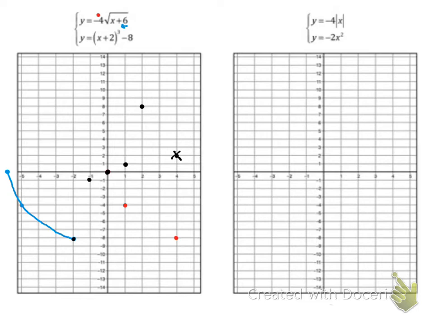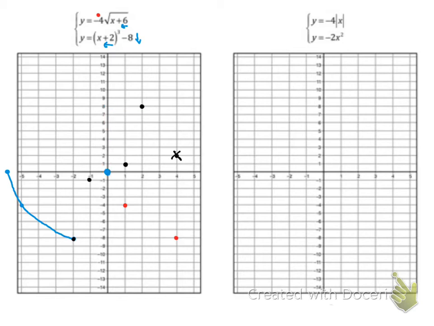So now let's do our multiplier. And we're looking at here, we don't have a multiplier there. There's not a number out in front, so we can just do a shift. Let's see, inside, it looks like we're moving to the left 2, and then we're moving down 8. So all these points, left 2, down 8, 1, 2, 3, 4, 5, 6, 7, 8.